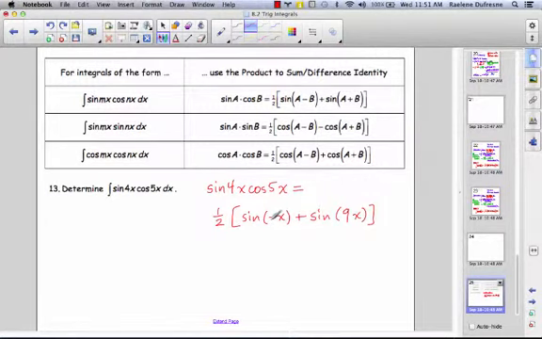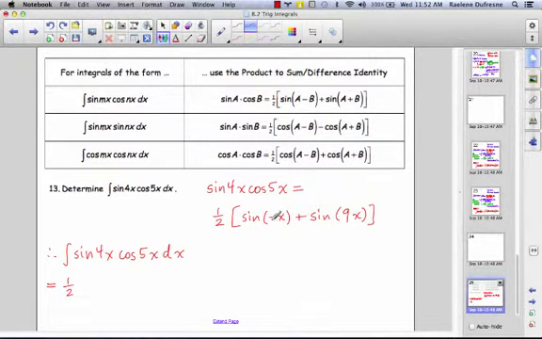So here we could say 4x minus 5x is negative x, and 4x plus 5x is 9x. And so therefore we get that the integral of sine of 4x cosine of 5x dx can be rewritten, no method of substitution yet, just a simple identical rearrangement using trig identities. The left side is identical to the right side.